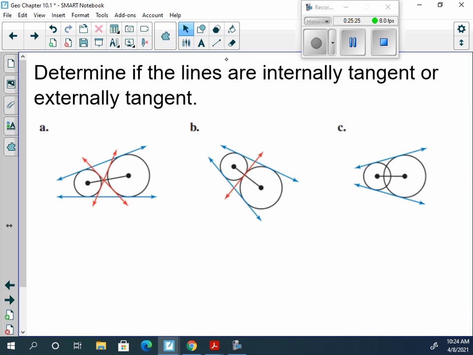So these two tangents would be considered internally tangent because they cross the line created between the two centers of the circle. The two ones in blue are considered externally tangent because they do not cross that line connecting the two centers. So they have four common tangents, two that we can create on the outside, two that we can create on the inside.